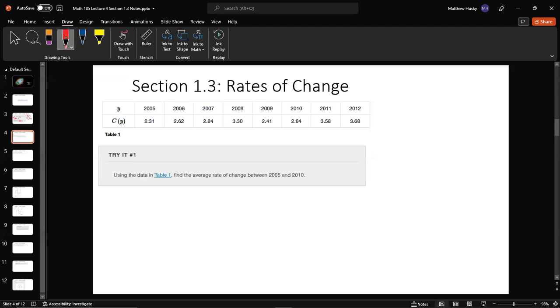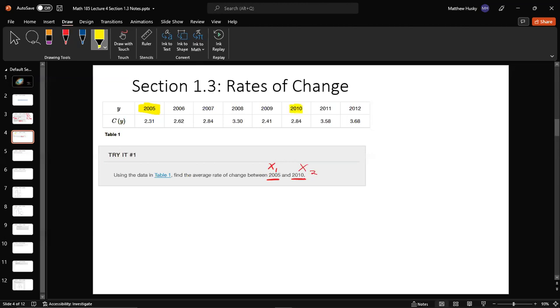So like here, using the data in table 1, find the average rate of change between 2005 and 2010. So this would be x1, the first x value. This would be x2, the second x value. And just to make things more obnoxious, they're actually using y for these instead of x, which is kind of weird.